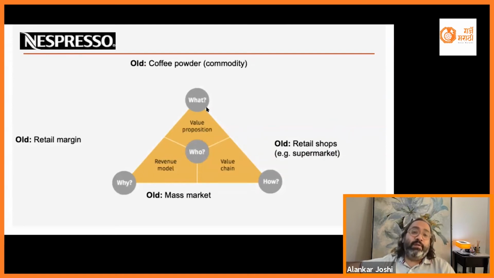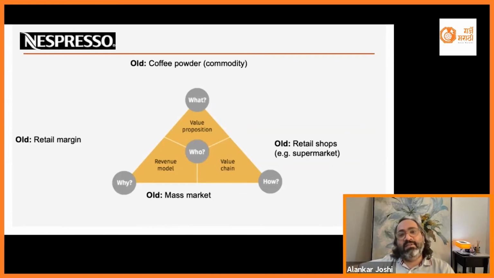Another good example of innovation of the business using the business model is Nespresso, right? Ubiquitous today. Almost everyone I know has an espresso machine either at home or in their office. Today it seems almost natural, but before this business was launched 20 years ago, what was the coffee business about?